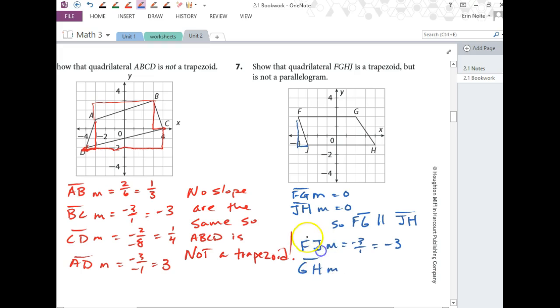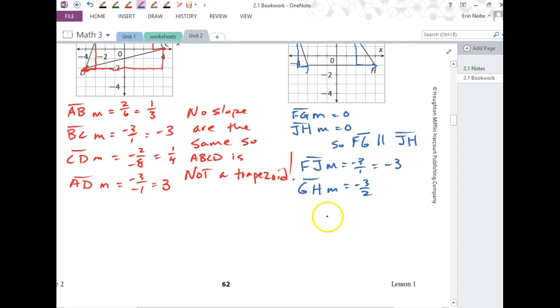GH, you would have to go down 1, 2, 3, and to the right 2, so -3/2. So are those two parallel? So we would say FJ is not parallel to GH.